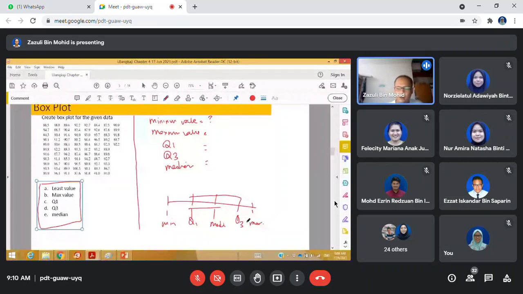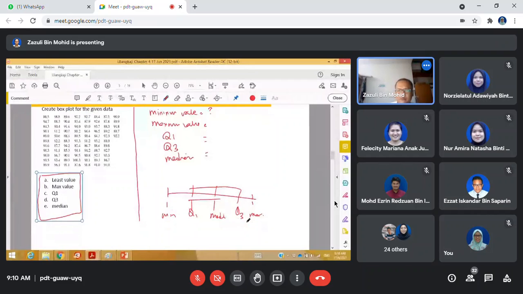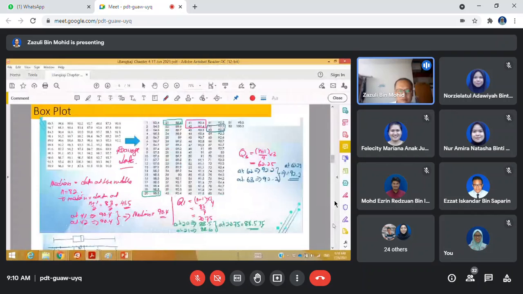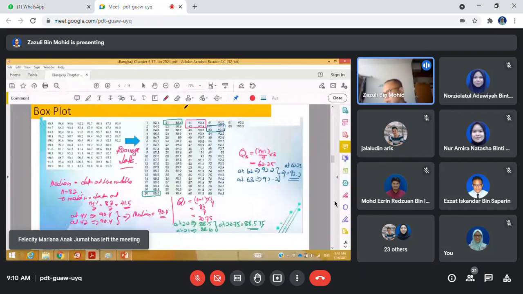So this example here, I already gave you the answer, and the answer and this slide I also gave you in class, at the last pages of the slide.